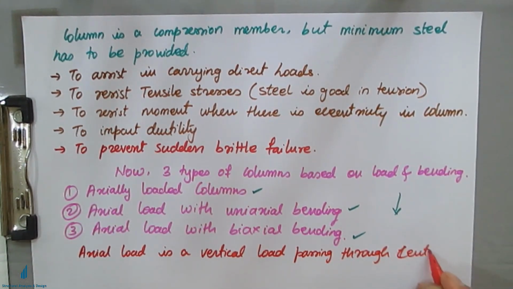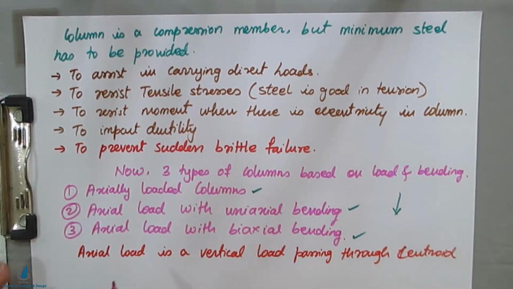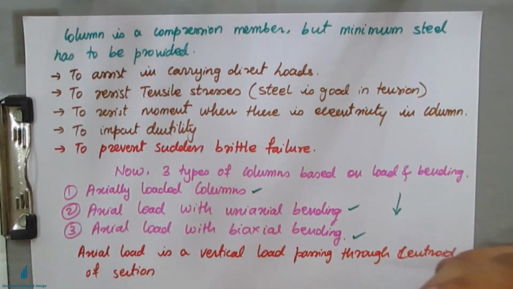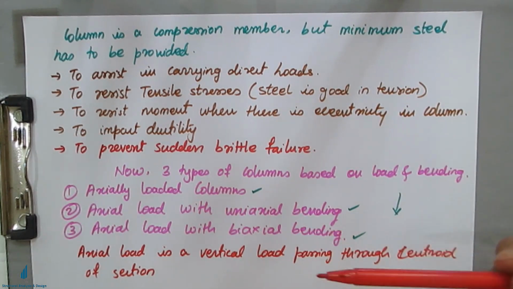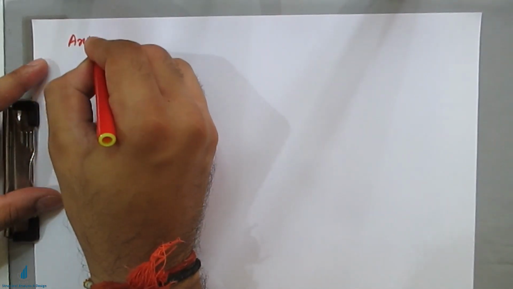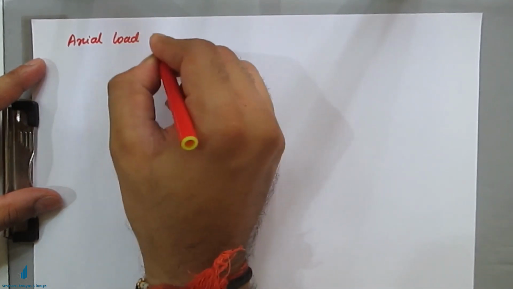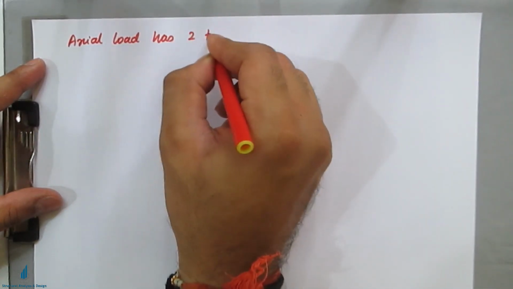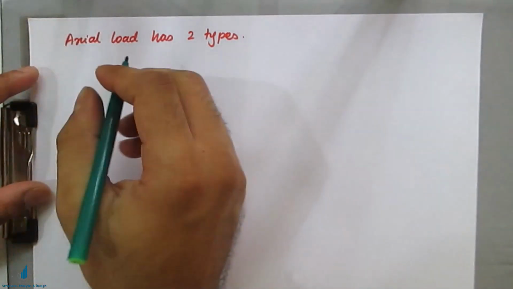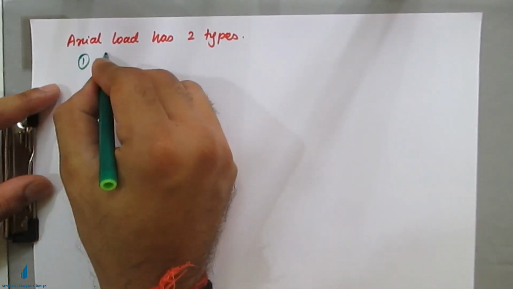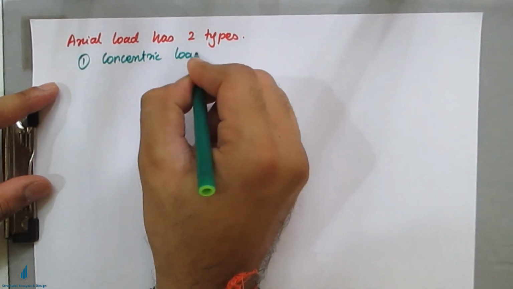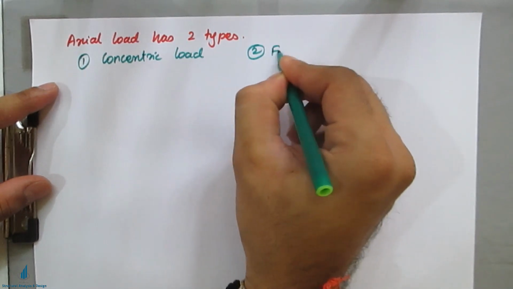Axial load is nothing but a vertical load passing through the centroid of the section. Now axial load has 2 types. The first one is known as concentric load. Second is eccentric load.